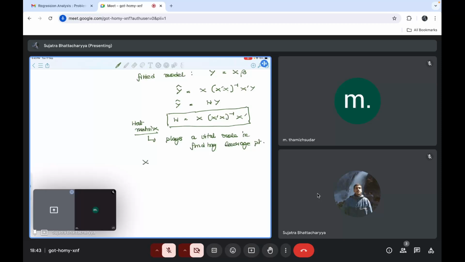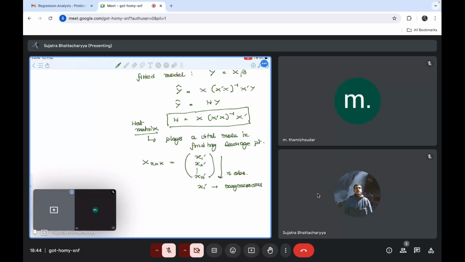Now X, an n by k matrix, can be written as x1 prime, x2 prime, and so on up to xn prime. So it's an n by k matrix. You can understand that these are n observations, and this x1 prime will consist of all regressors.